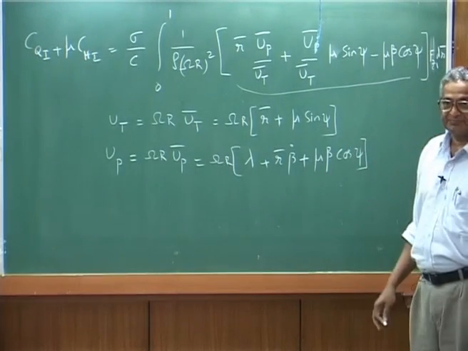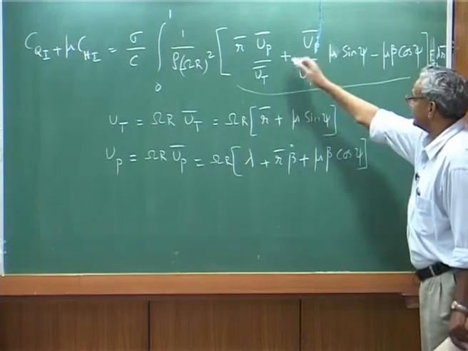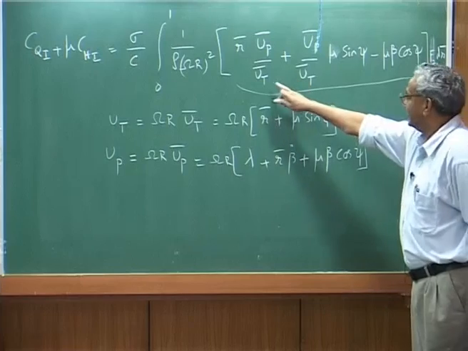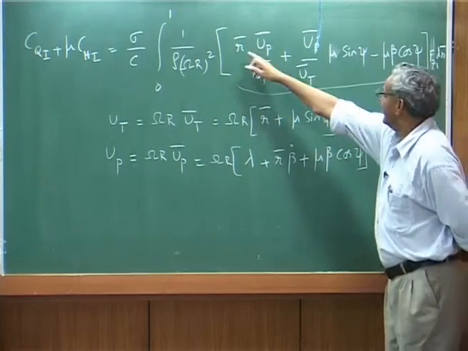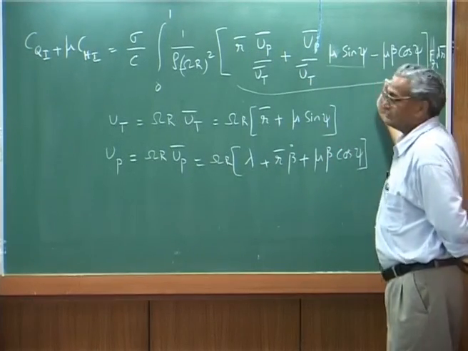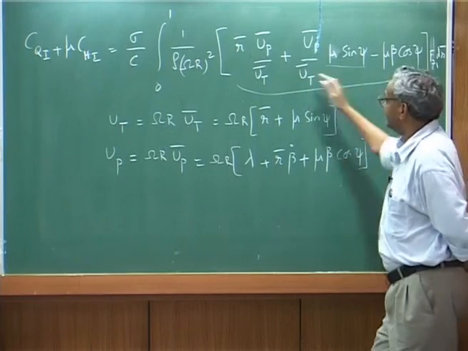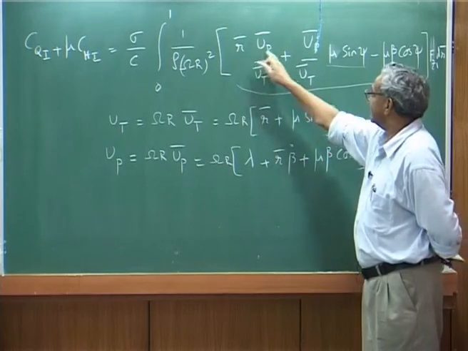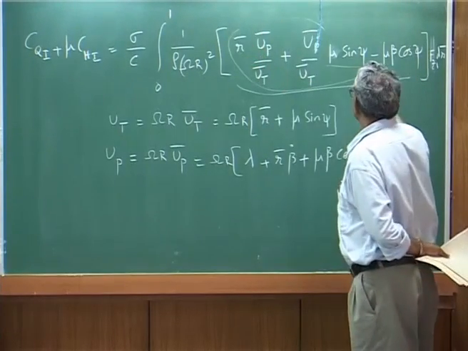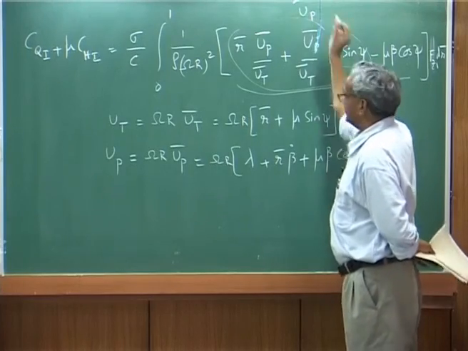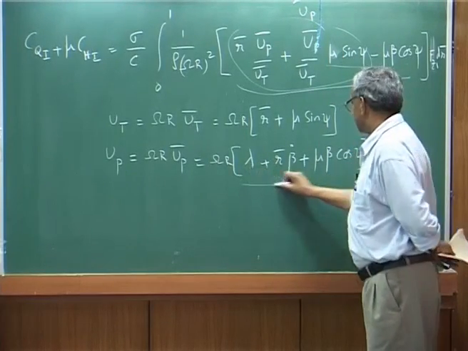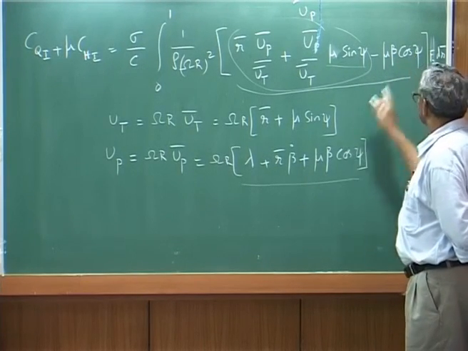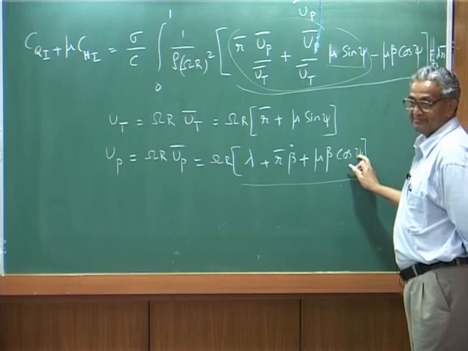What you do is you substitute here, because ut is common. What is ut bar? R bar plus mu sin psi, because between these two terms, this term is nothing but up bar, up bar minus mu beta cosine psi, that will go off.